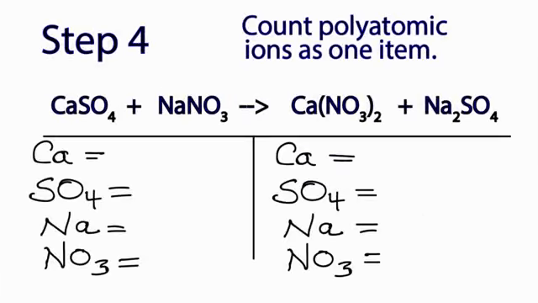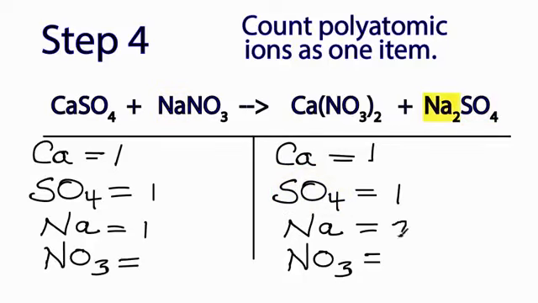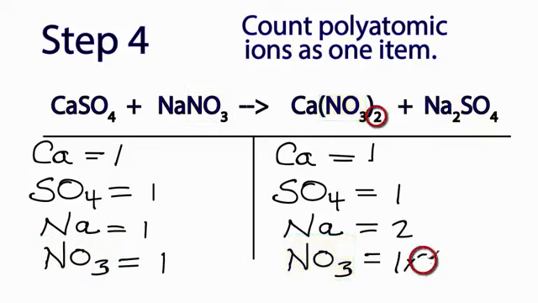So here's the equation, and I've done my accounting below. You can see I have 1 calcium here, 1 calcium over here, and then I wrote the entire SO4 as one thing. And I have 1 of those here, and over here I have 1 SO4, Na's, 1, 2 Na's on this side, and over here 1 NO3, and I have 1 NO3, but that 2 on the outside means I have 2 of them.